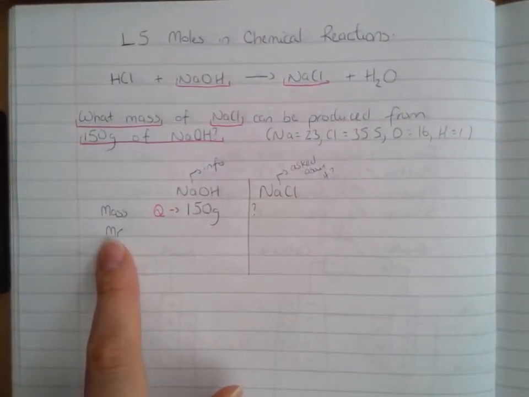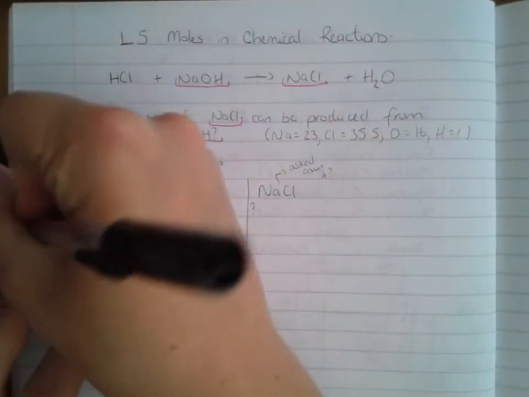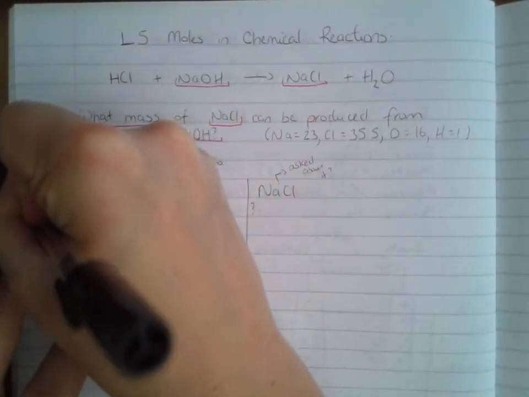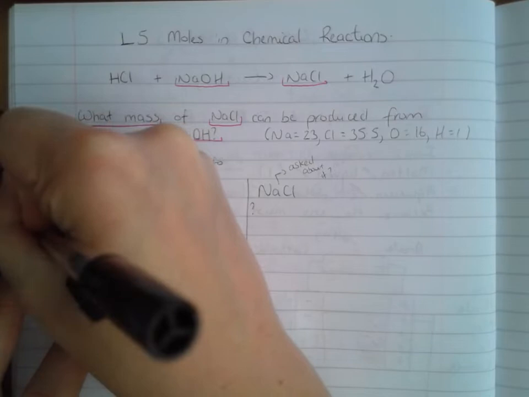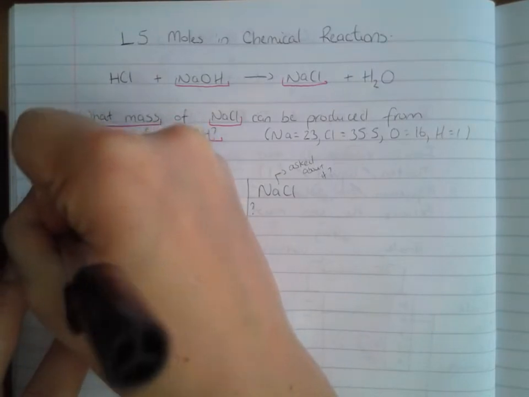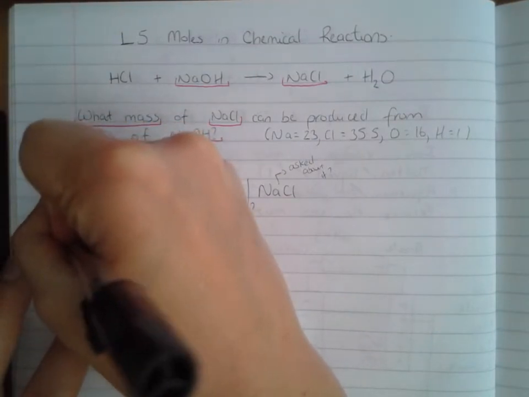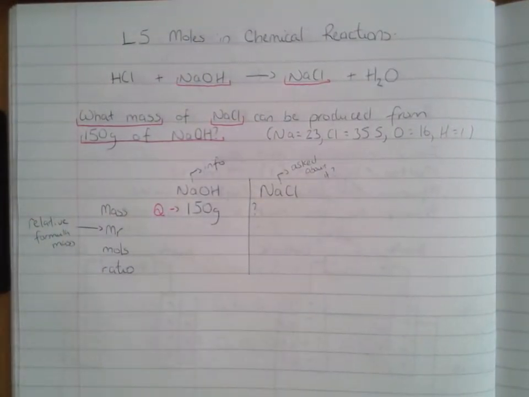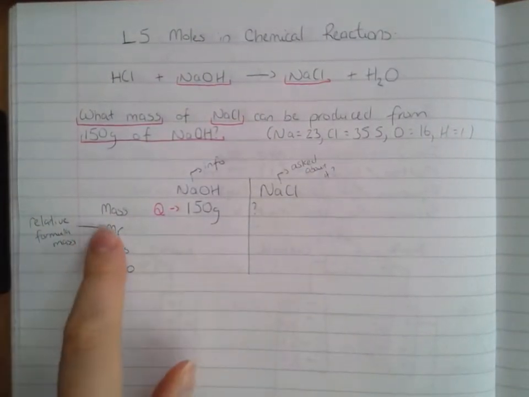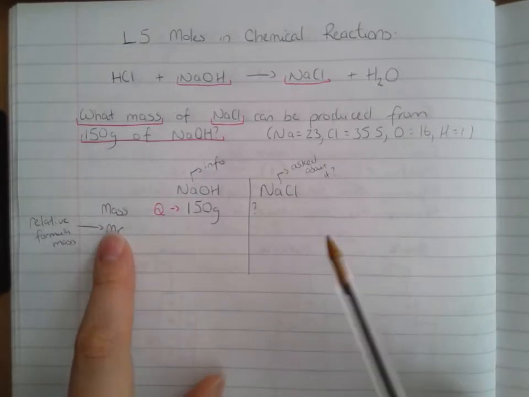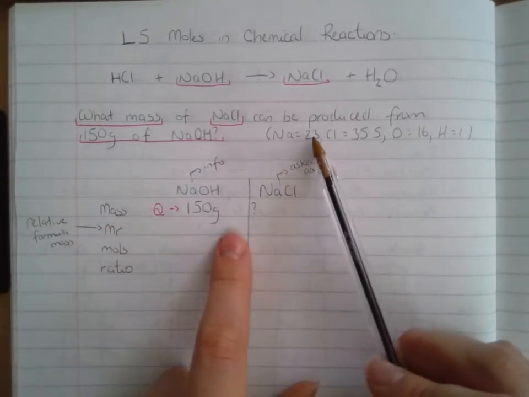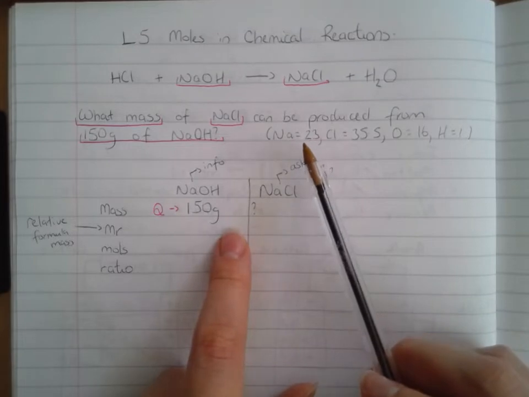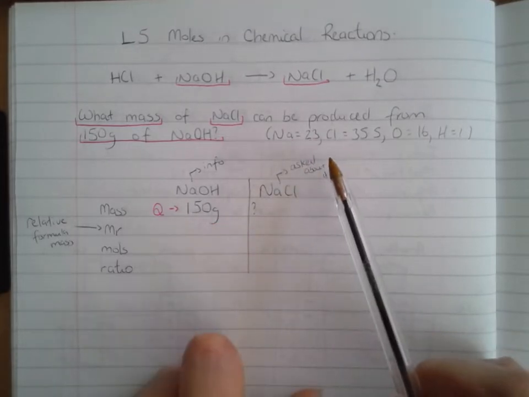MR is formula mass, relative formula mass, which we learned how to calculate in lesson 1. For your homework, I calculated all of these for you, but today I want you to try and calculate them yourself as well. So remember with relative formula mass, you take the big numbers from the periodic table, because that's the mass number, and you add the mass of all the elements in the formula.